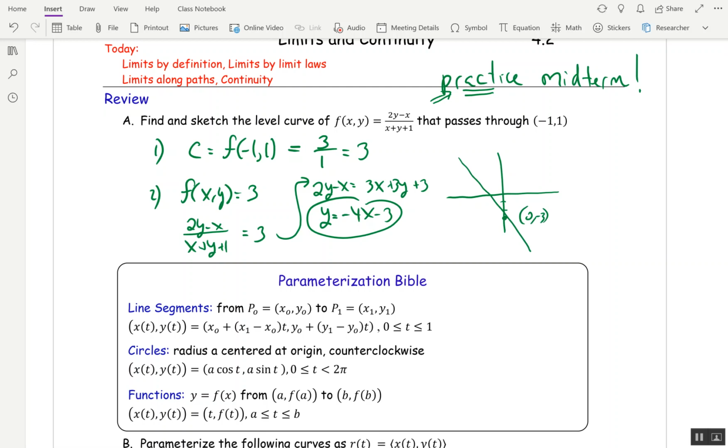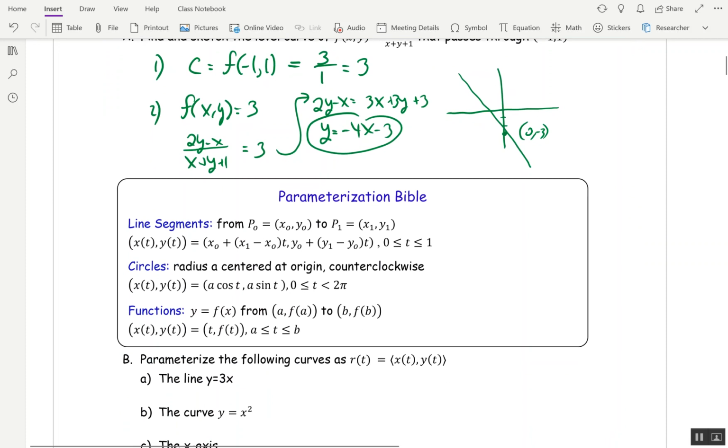Okay, on to the new stuff, kind of. I say kind of because the parametrization Bible you've seen before. You saw it in Math 1B. I'm putting it here for your easy reference and to remind you of the 3 special types of functions that we parametrize frequently: line segments, circles, and functions.